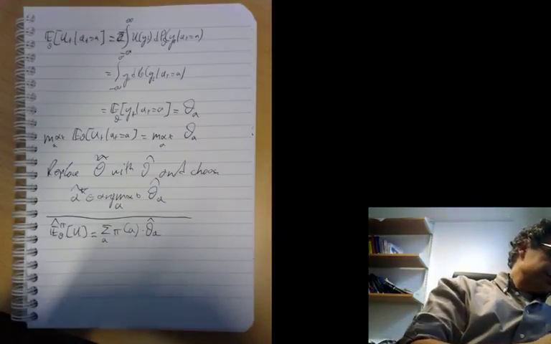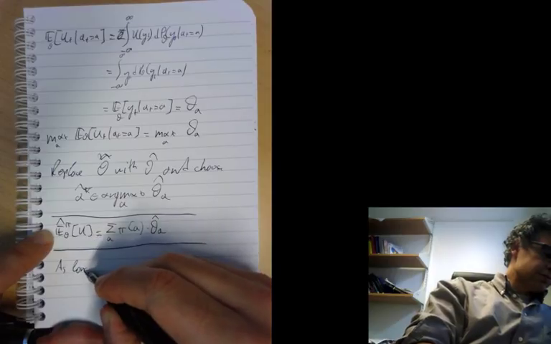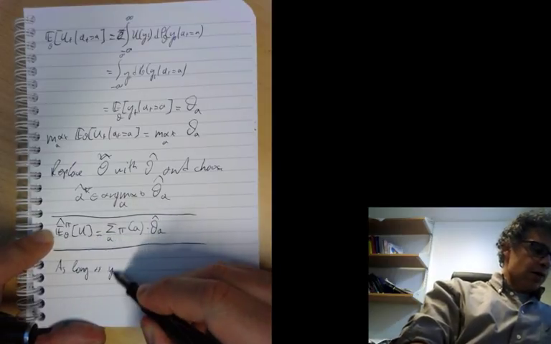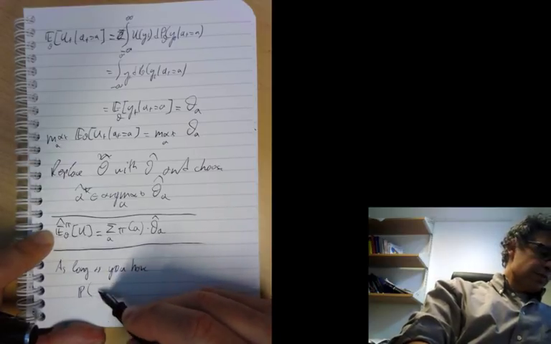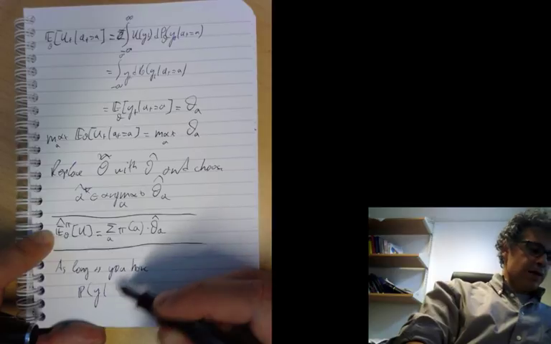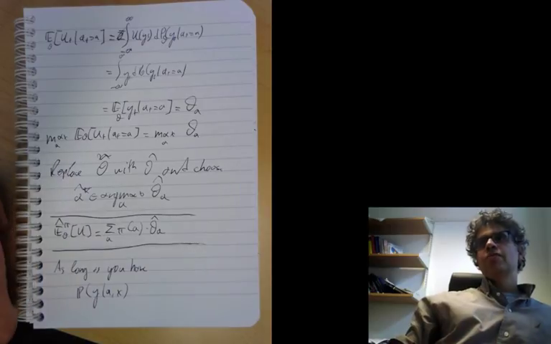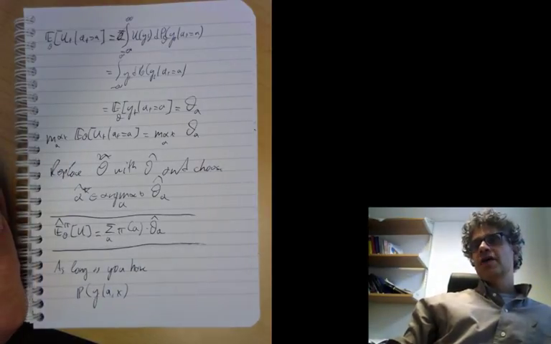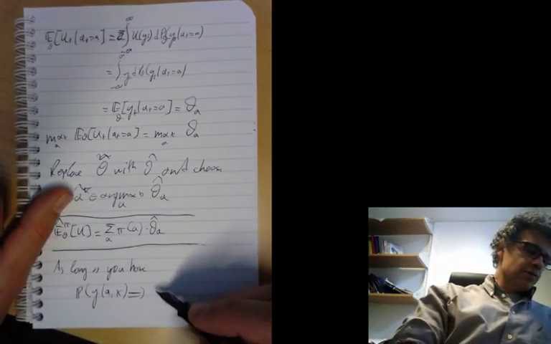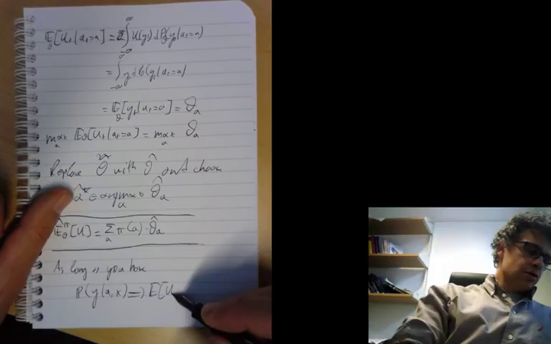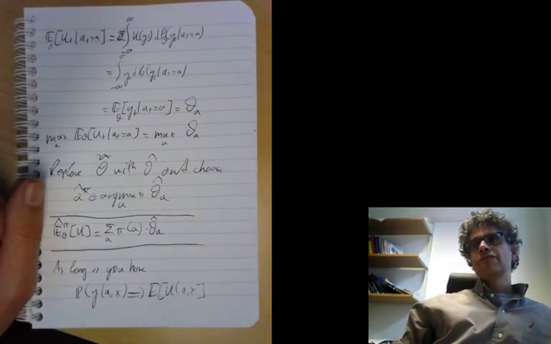So as long as you have the probability for A and X, you should be able to find the maximizing action, the one that maximizes expected utility. You can get expected utility given the action and the X. Okay?